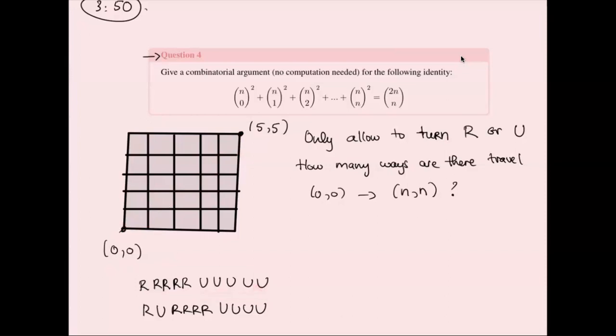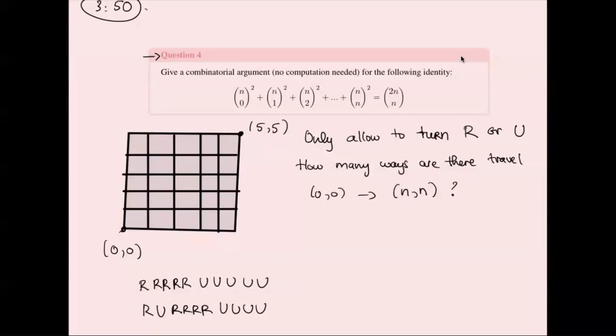So it becomes a problem of you have 10 blanks, and out of the 10 blanks, you choose 5 spots to insert R. For example, if you choose these 5 spots to insert R, then it means that at those spots you turn right, and at the other spots you go upward. Then it would be something like this.